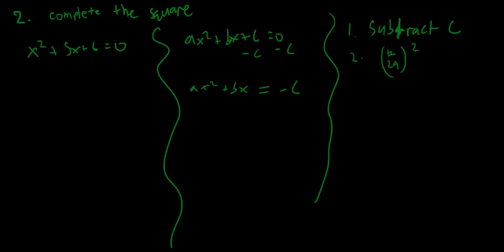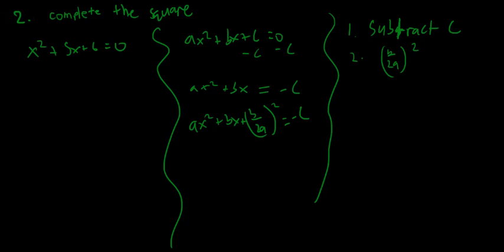So what that means is basically this number divided by this number and then square that. And so ax squared plus bx plus b over 2a squared is equal to minus c. Now after that, we can then factor this out. And then after that we just factor it and then we can solve it.